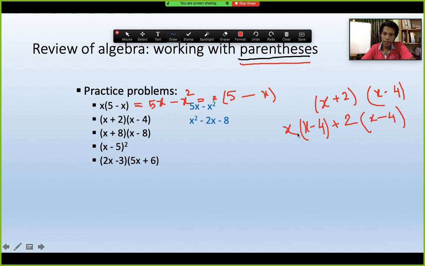Then we multiply it, x into x means x squared. What I have done here is, first we multiply x minus 4 by x, the first term, and then we multiply the same thing by 2, because this is the multiplication process.